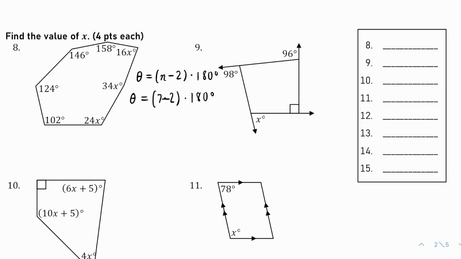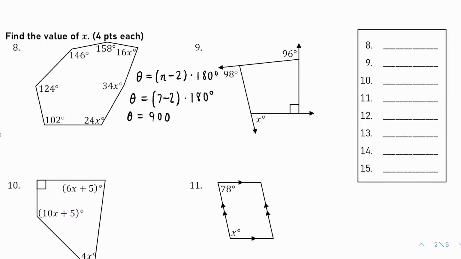Calculator time. 7 minus 2 all times 180 is 900 degrees. So that's what all of this should add up to.